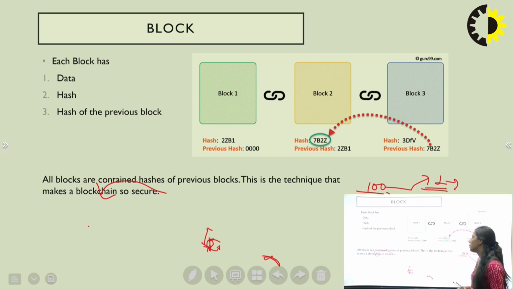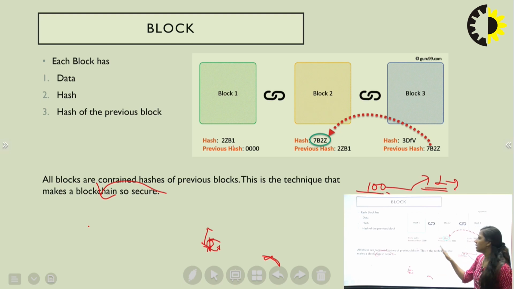For example, if you have block 2, it will contain the value of the previous hash also. For example, this is block 1 and its hash value is 2ZB1, and the previous hash is 000 because it is the first block, called the genesis block, and its previous hash value is 000.